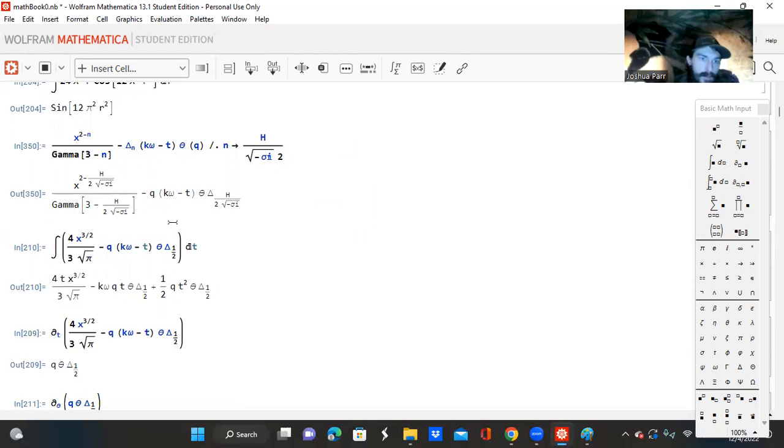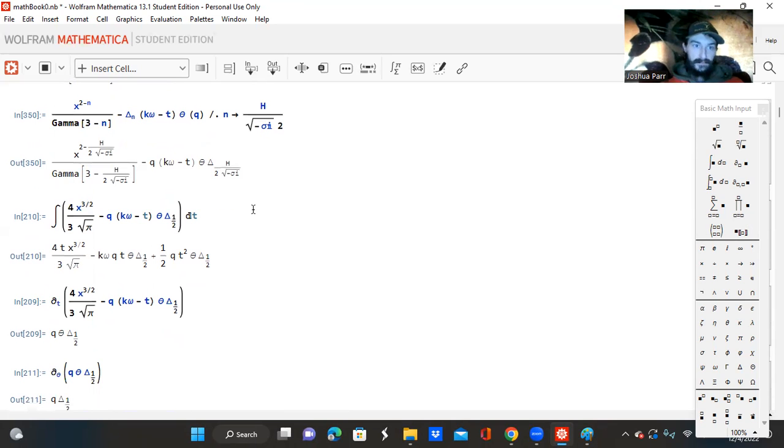We got x to the 2 minus h over 2 times the negative root sigma I over the gamma function 3 minus the h over 2 root negative sigma I minus q k omega minus t theta delta and then again.